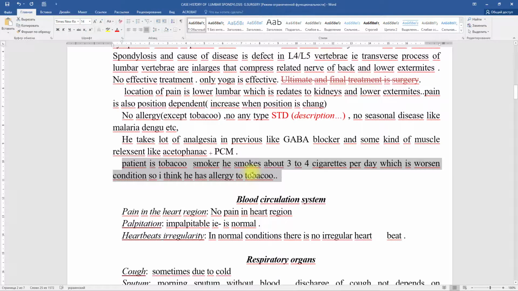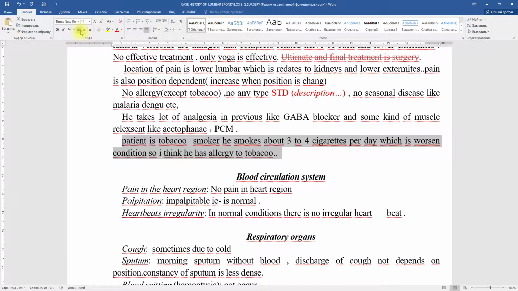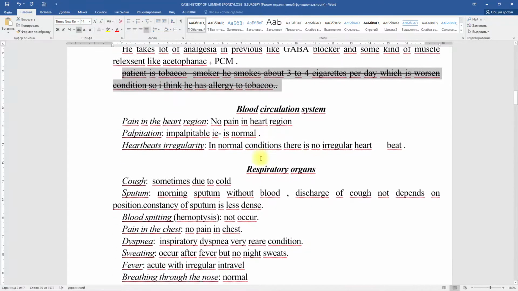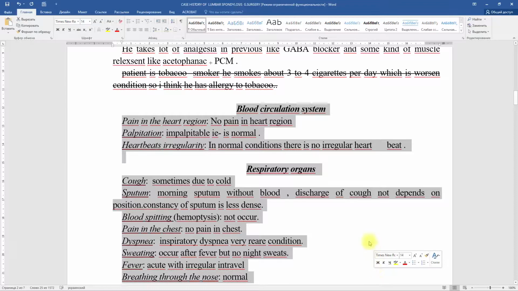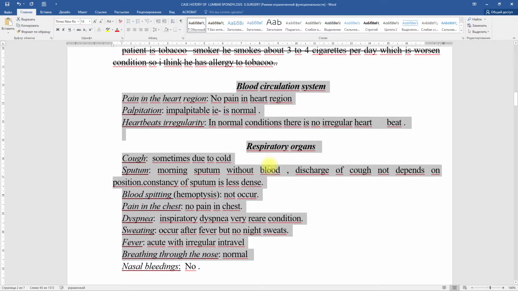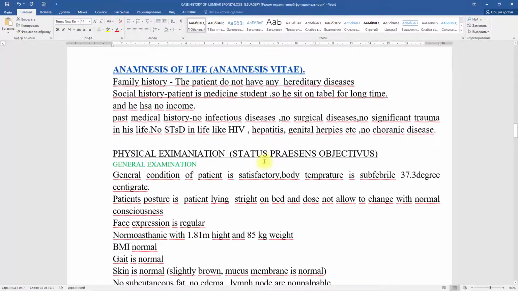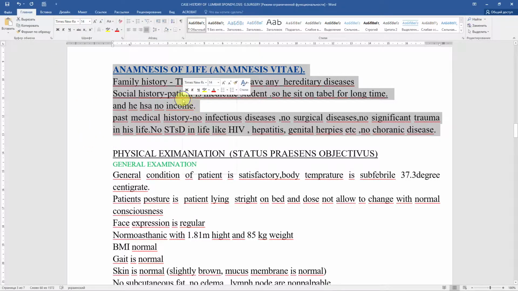If so, yes, it can be here, but as general information, no, this doesn't go here. Next, you give objective data. That's not what goes next. Next goes the anamnesis of life.